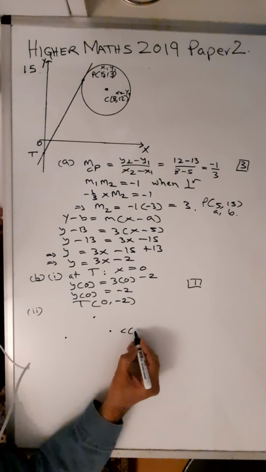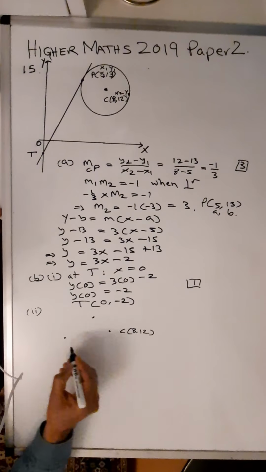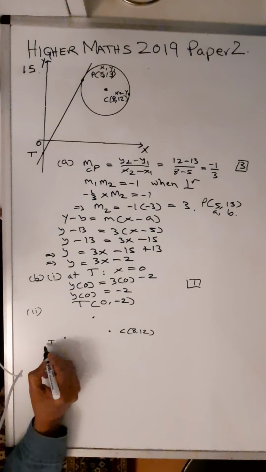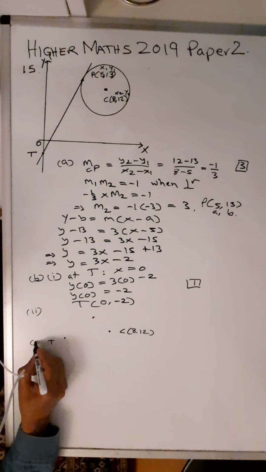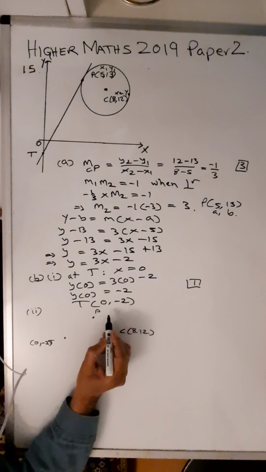C is the center of the original circle, which is (8, 12). T is the point (0, minus 2), and P is the point (5, 13).